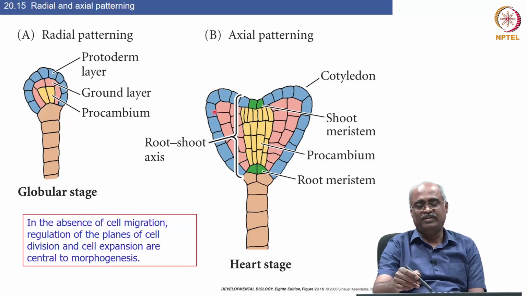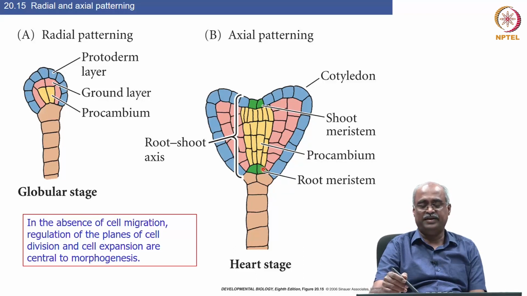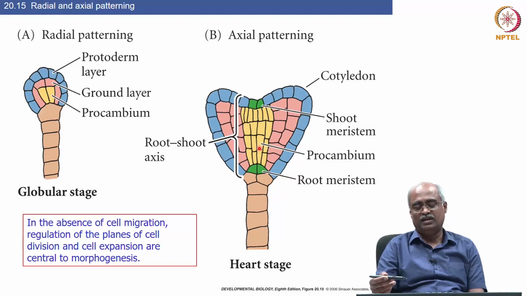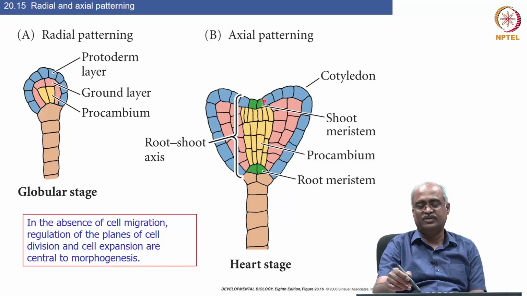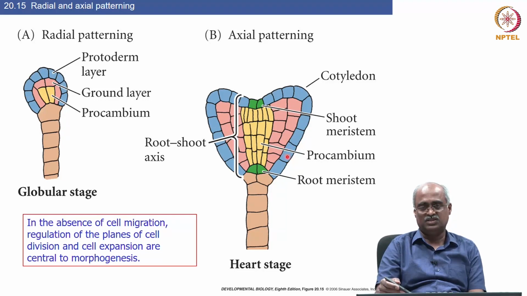cells. And when that is going to form, you get to the heart shape, and I just told you that by this time the apical basal polarity becomes obvious. That is indicated in this cartoon by showing where the shoot apical meristem is set apart and then the root apical meristem is set up. So these two show that by this stage the apical basal polarity has already been established.